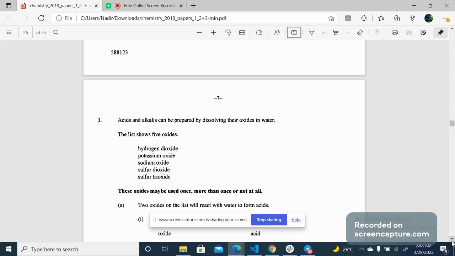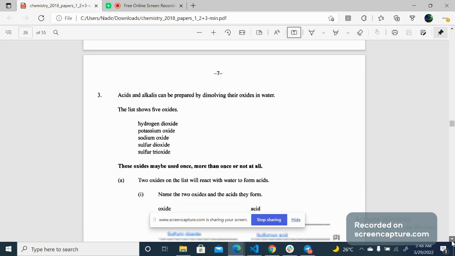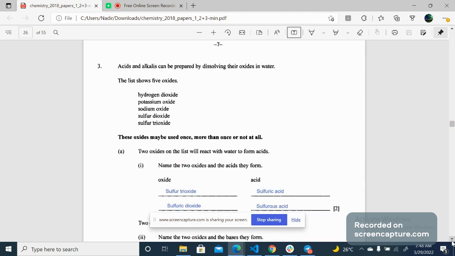Alkalis and acids can be prepared by dissolving oxides in water. Now we are given 5 oxides, and the question asks us to answer subsection A. Part 1 of subsection A asks us to name 2 of the oxides from the list of 5 and the acid that they form.